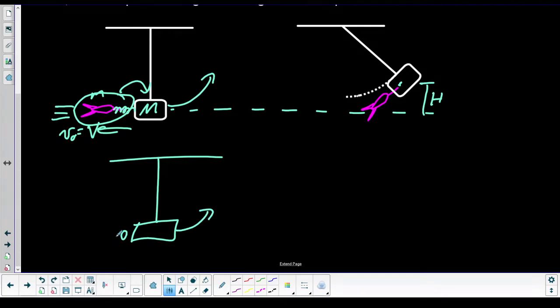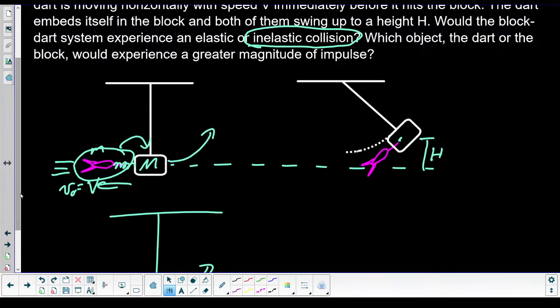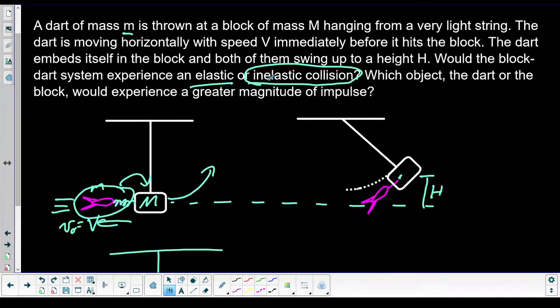So this swings up, and then the bullet bounces back off and goes the opposite direction. You need something rubbery and bouncy. If it bounces, it's elastic. If it sticks, it's inelastic. Okay. So this is an inelastic collision because we have two things sticking together. We're going to look at a lot of inelastic stuff today because honestly, most things in real life are inelastic.